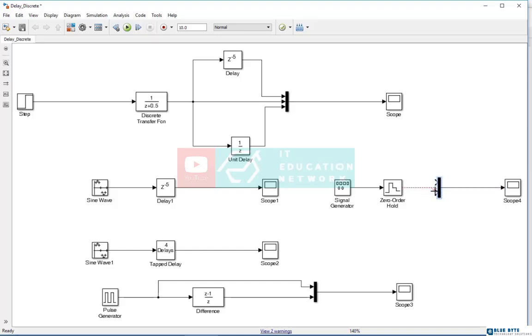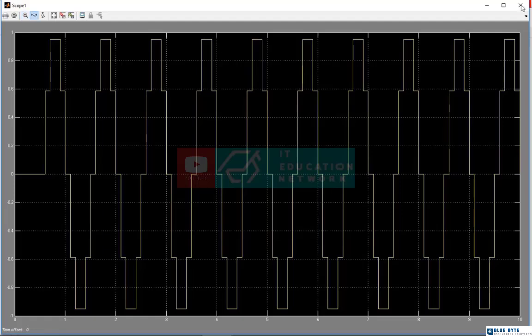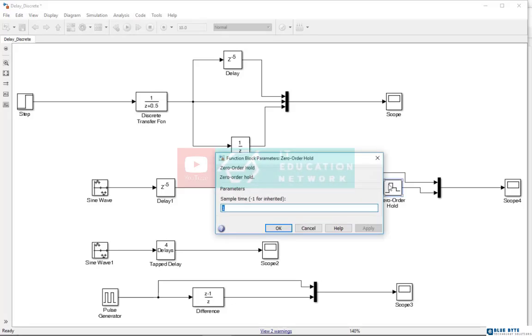This block has a lot of applications in simulation of discrete systems. I use a random waveform for the waveform. I set it random, amplitude 1 and frequency 1. I set this sample time 0.5.